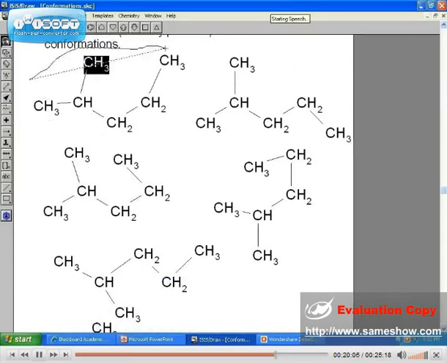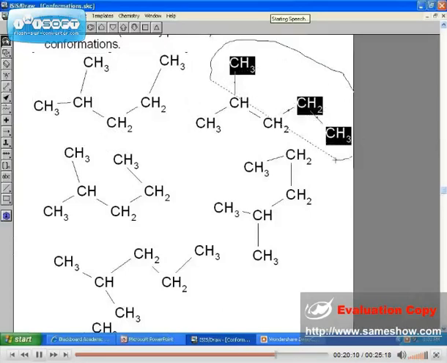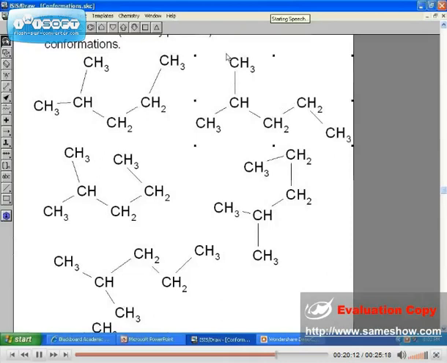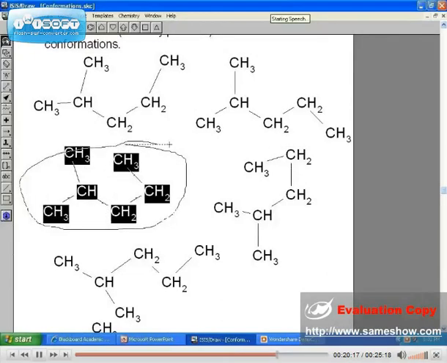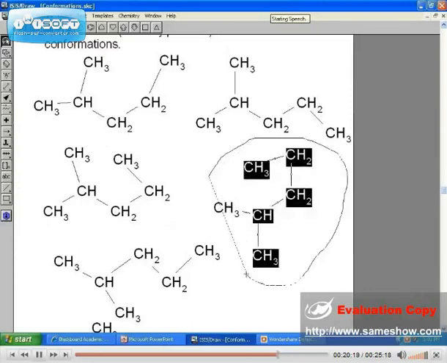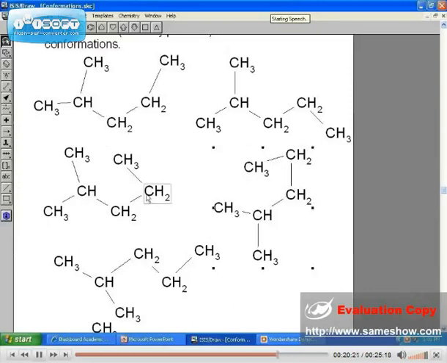These are all the same molecules, all the same structural isomers. They've been written in different rotations. So we can say they're all the same structural isomers, but they're different conformations, or snapshots, of each other.